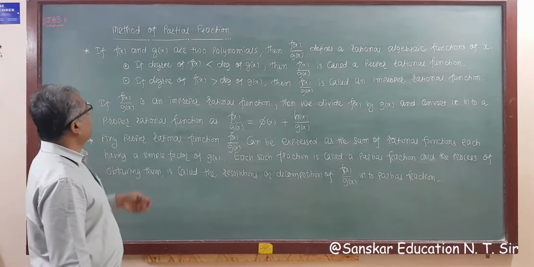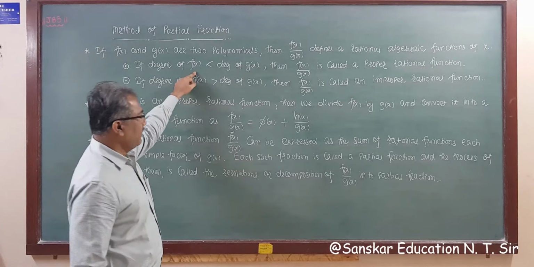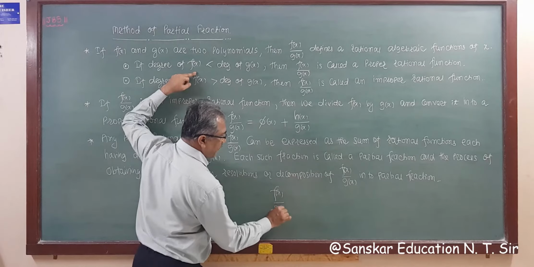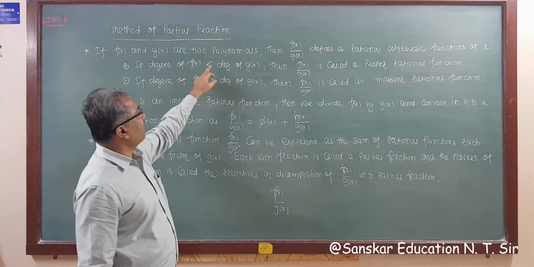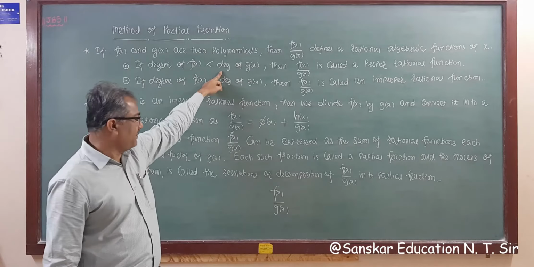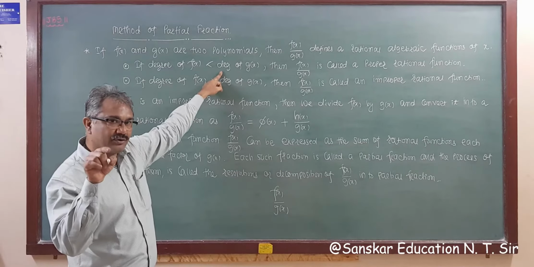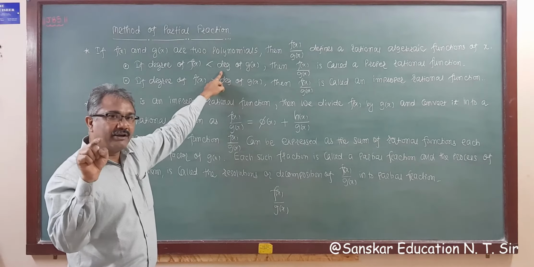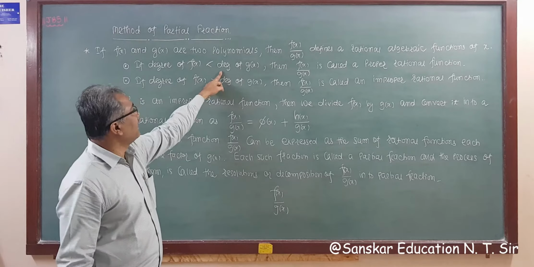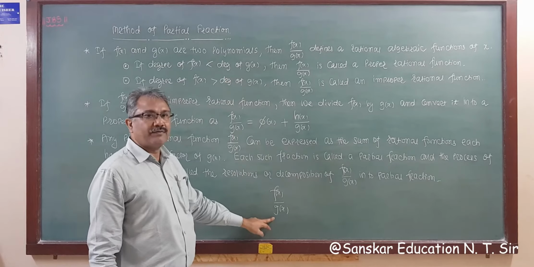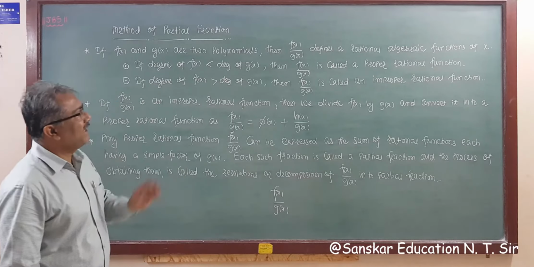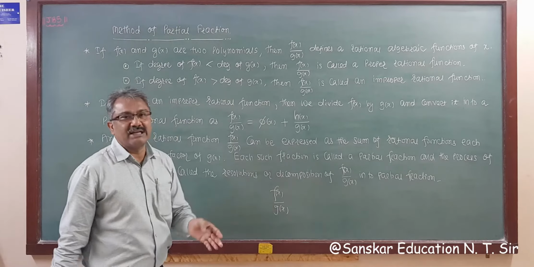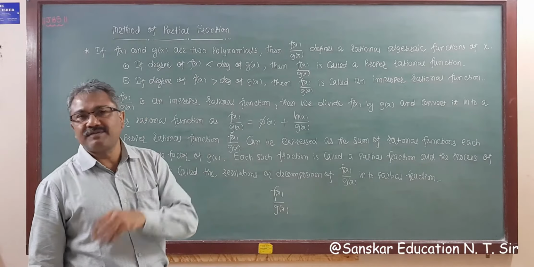When the degree of f(x) is less than the degree of g(x), that is, the degree of the numerator is less than the degree of the denominator, then the function f(x) upon g(x) is called a proper rational function.